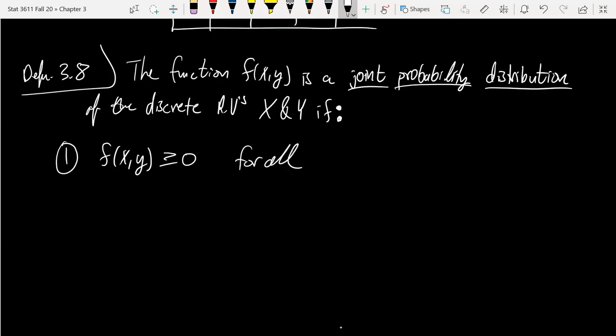Of course, we're talking about probabilities here, right? So non-negative probabilities. Of course, this is the discrete case that we've done so far.